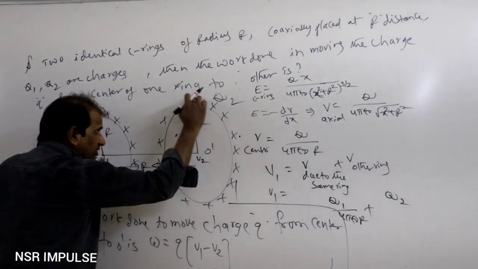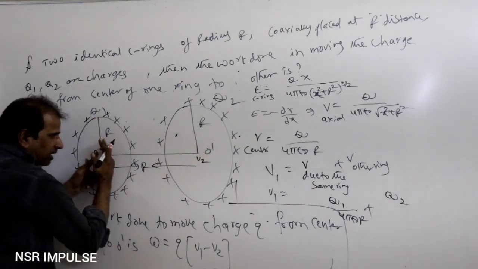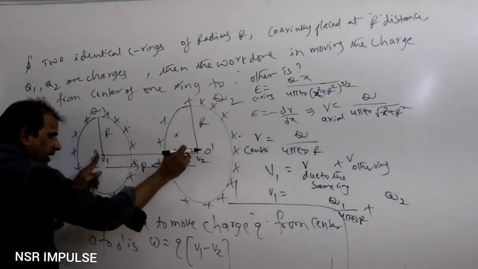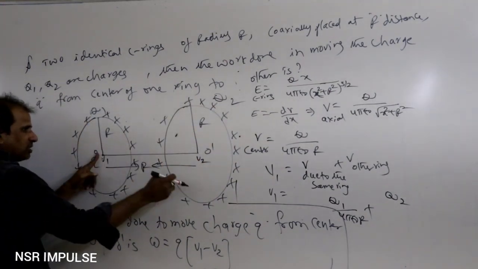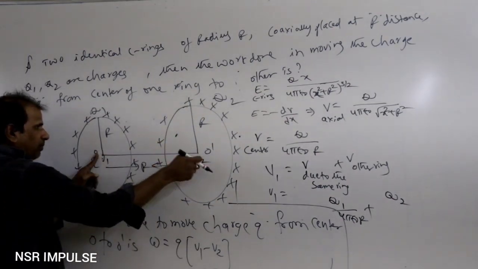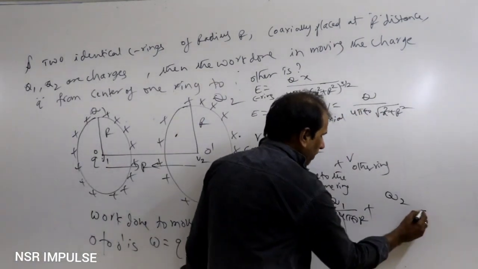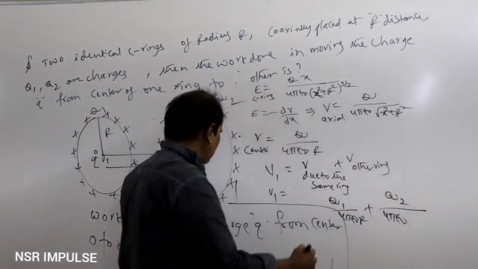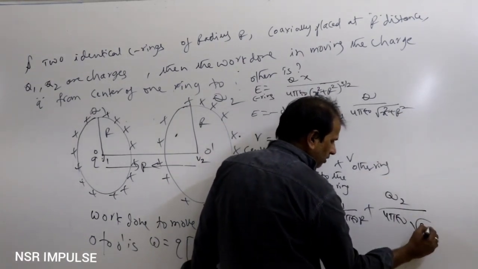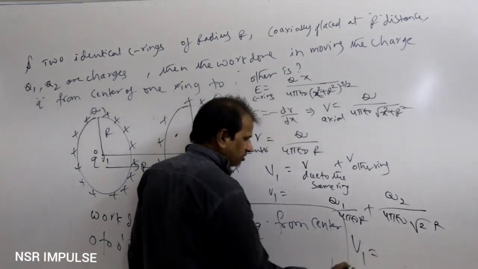This is the second circular ring with charge Q2, and the point lies on its axial line, where x is equal to R. On the axial line of the second ring at distance R, the potential is Q2 by 4 pi epsilon naught root of (r square plus r square), and root 2 r square becomes root 2 r.